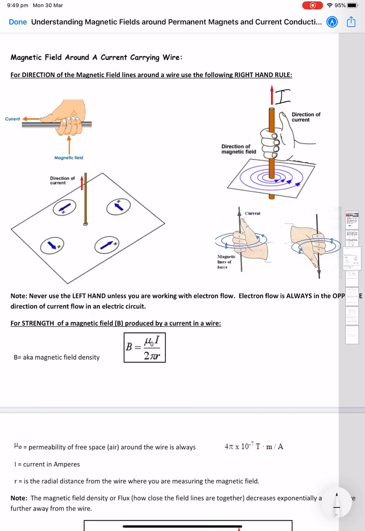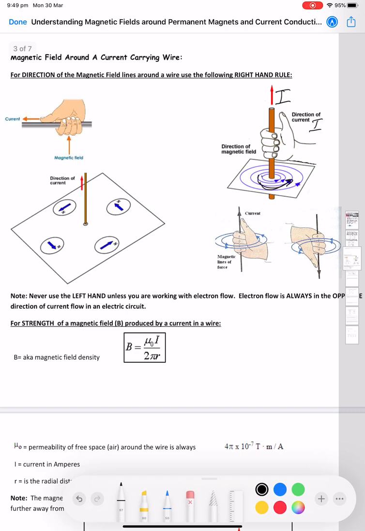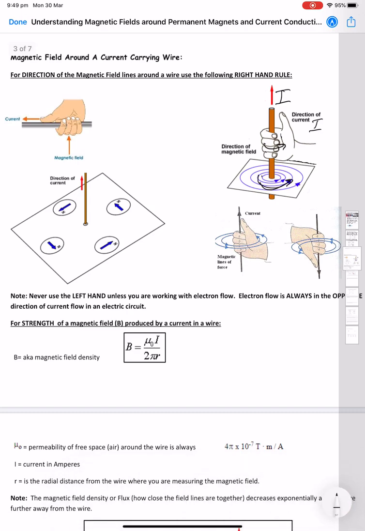And you have to use your right hand, and the thumb is pointing in the direction of the current I. And what I want you to notice is that your fingers here are actually curved in the same direction as the magnetic field. So if we're looking at the fingers here, they're curved this way. And what way is the magnetic field? It's that way. And so your fingers are actually telling you the direction of the magnetic field around this wire.